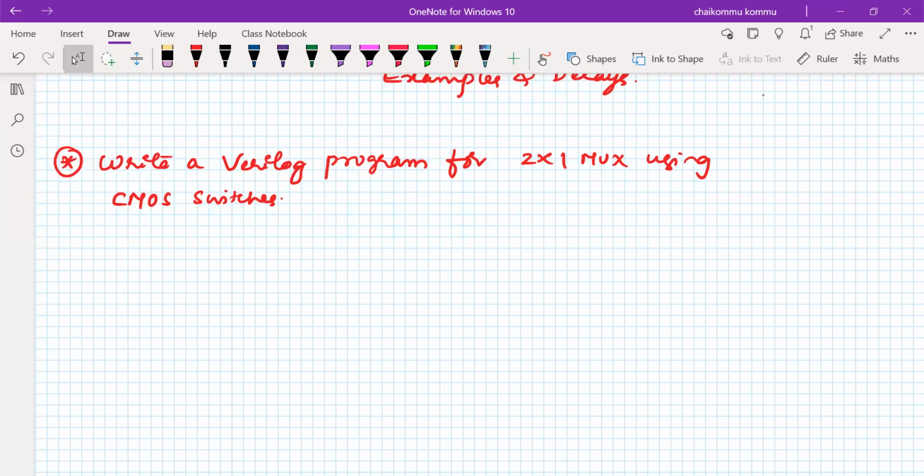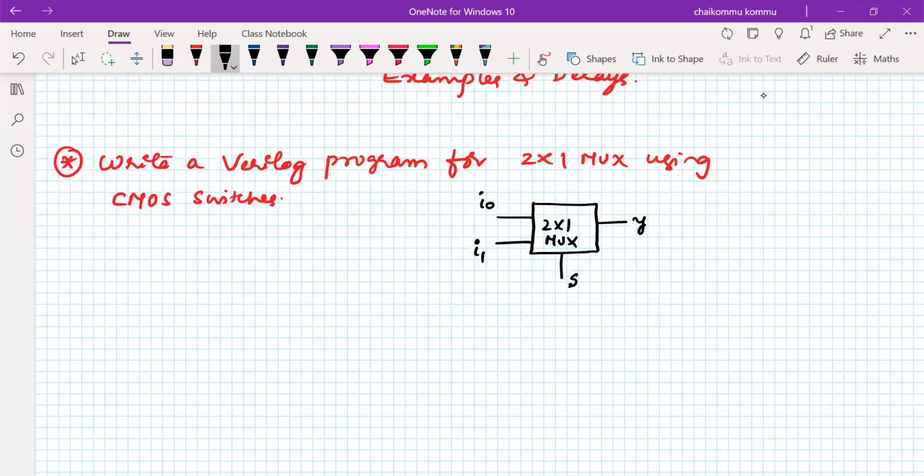As all of you know, we have a 2x1 multiplexer with one input called I0, a second input I1, selection line S, and output Y. What is inside the 2x1 mux depends upon the designer, but my requirement is that we have to realize the 2x1 mux by using the MOS switches.